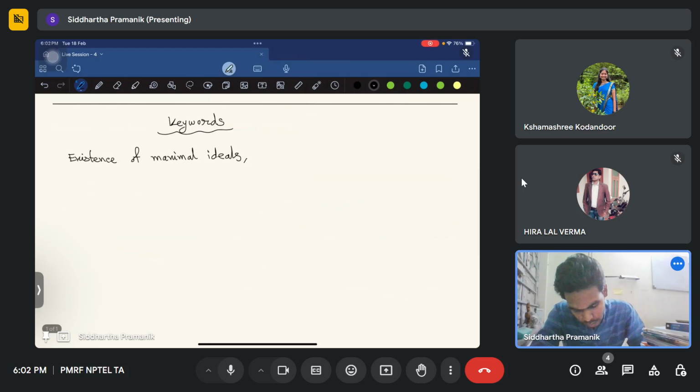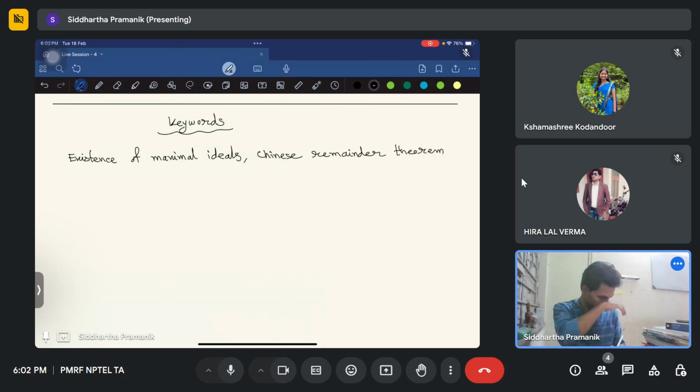Then we saw the Chinese remainder theorem. And after that we saw what we mean by irreducible polynomials or irreducible elements.